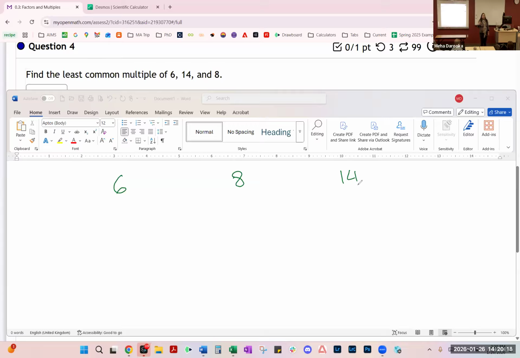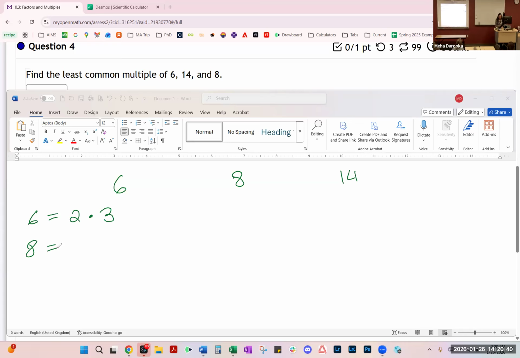So what number would go into all of them? You can just sit and think about it, or we can use the idea of prime factorization to help us out. So we can take 6. 6 is broken down into 2 times 3, right? We can take 8.